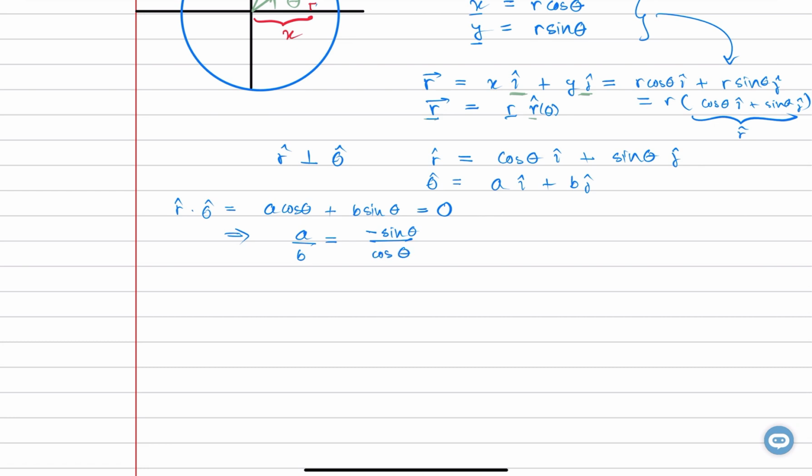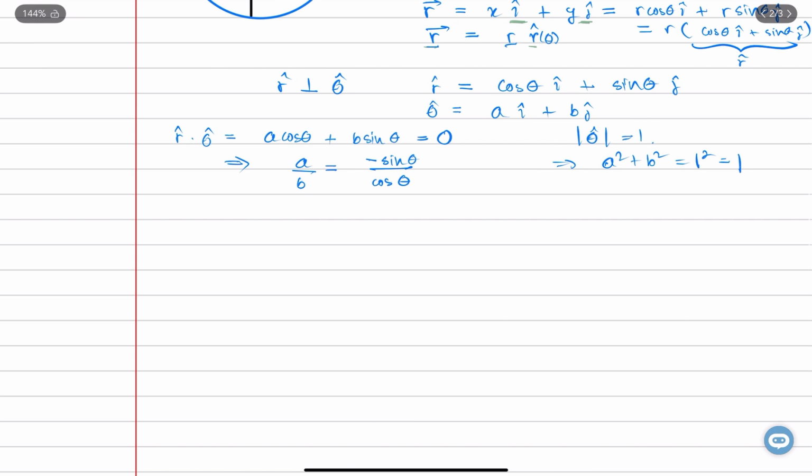So clearly, we have one restriction here, that a by b is in this particular ratio, but another restriction on a and b is provided by the condition that the magnitude of theta hat is equal to 1, which means a squared plus b squared is equal to 1 squared, which is equal to 1, right?